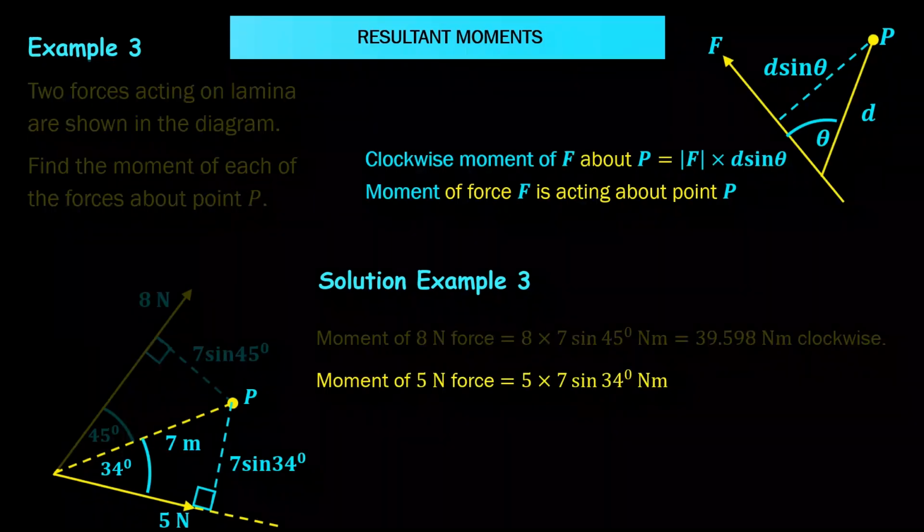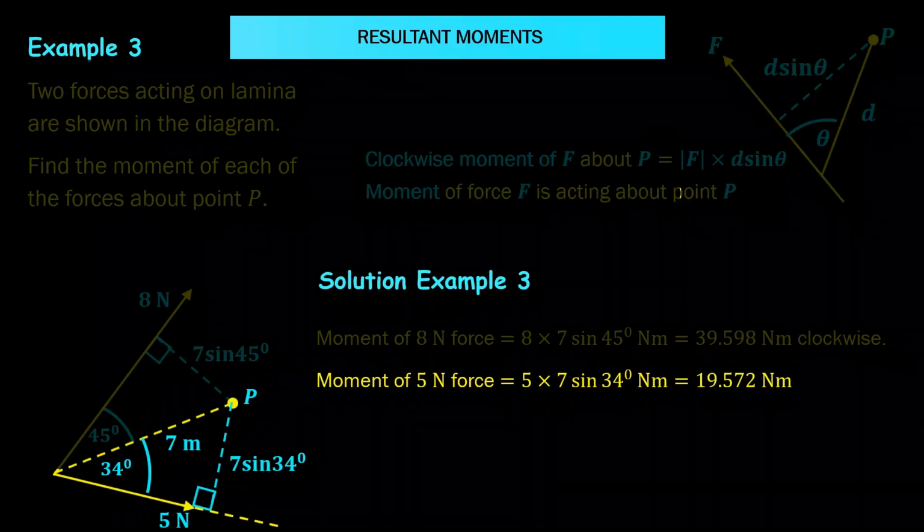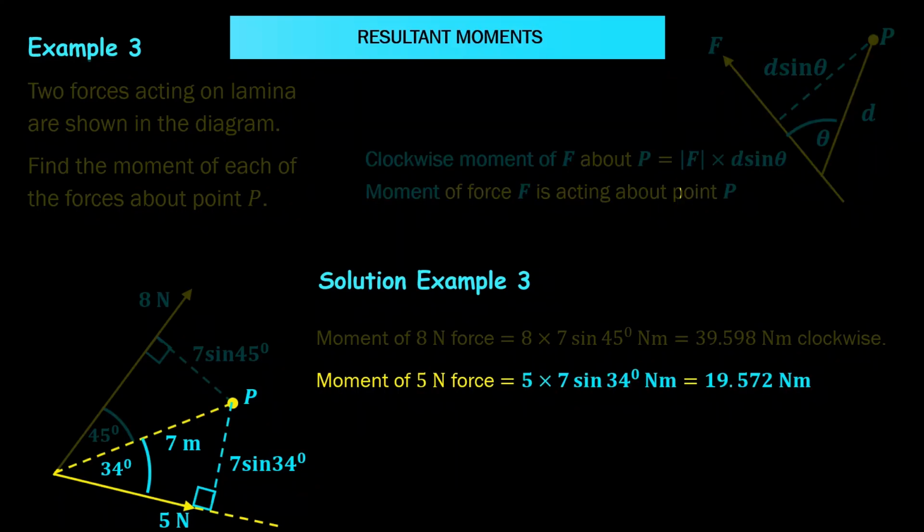The moment of the 5 Newton force about the point P equals 5 times 7 sine 34 degrees, which equals 19.572 Newton meters, anti-clockwise.